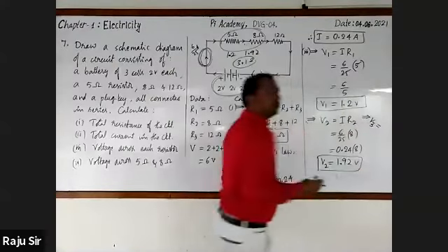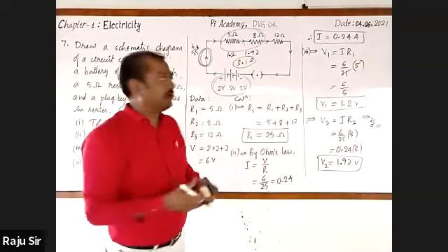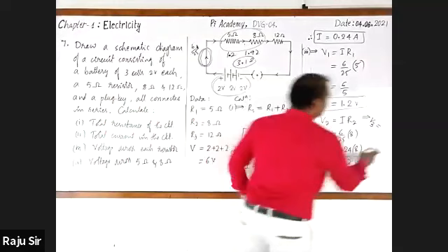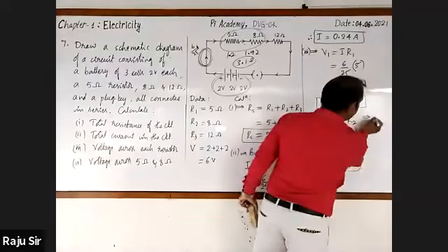V3 you may write as V3 equal to I into R3, or else directly you can go for finding it like this also. V3 is equal to 6 minus (1.2 plus 1.92).